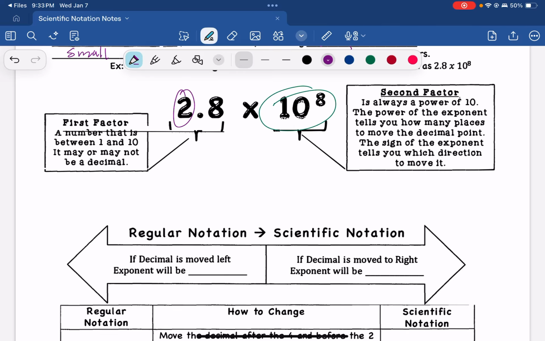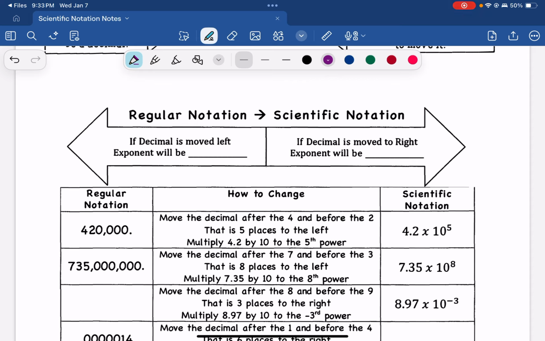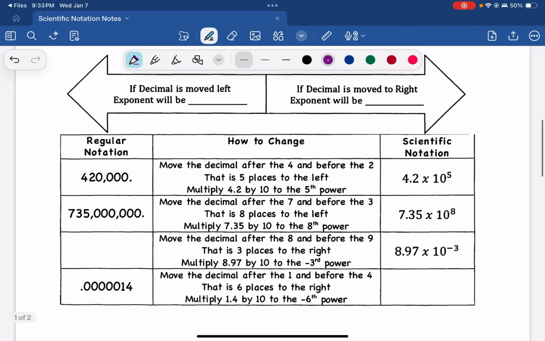When we're changing from regular notation to scientific notation, like we're going to do in these first couple problems, if we're moving the decimal to the left, the exponent will be, well, if we look at this first example here, the decimal starts here and ends up moving to here, so that's to the left.